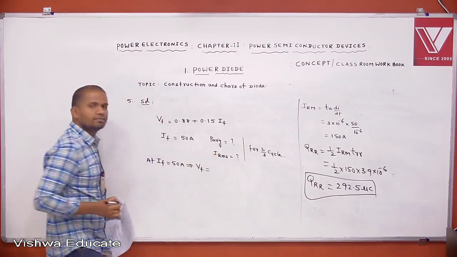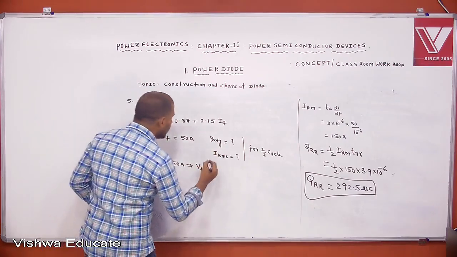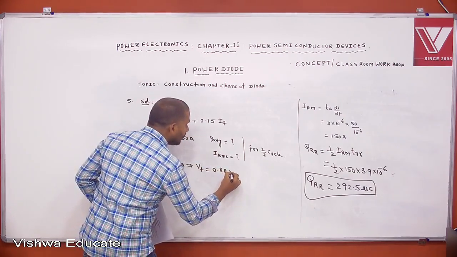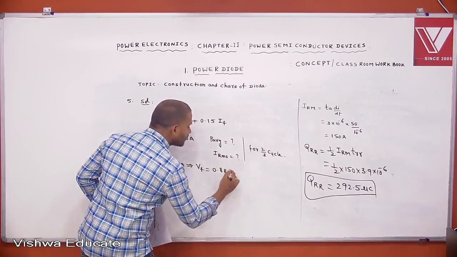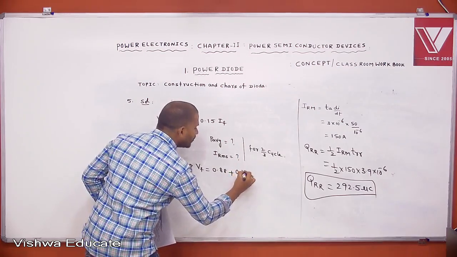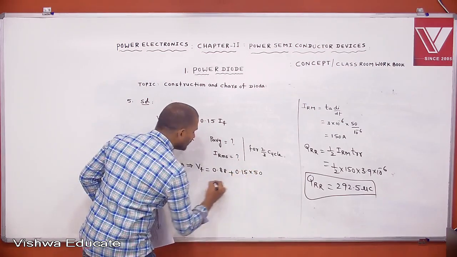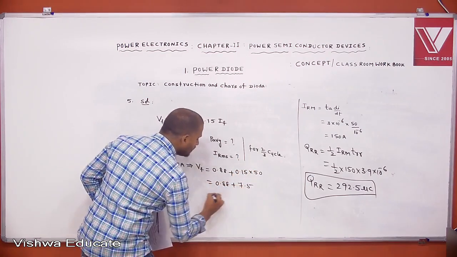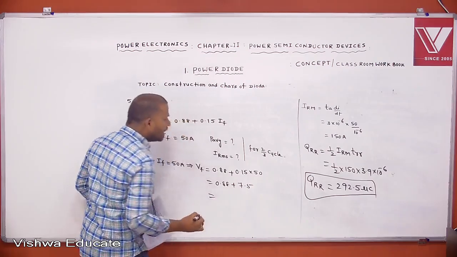VF equals 0.88 plus 0.15 into what is IF, 50. Then 0.88 plus this is 7.5 now. Then how much do you get? 8.38.